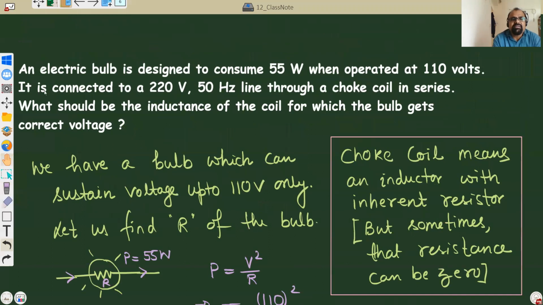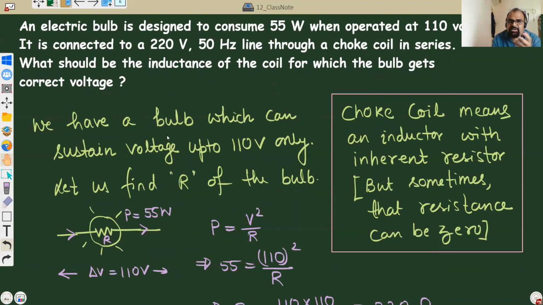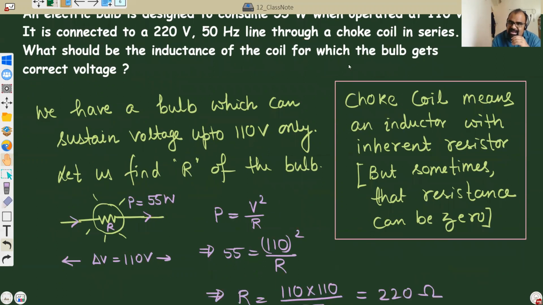Fine. Now what if this bulb is connected to a 220 volt? Well, it will get fused because it was only to be used up till 110 volt. You can't use it for 220 volt. So it will get fused. But in order to save it from getting fused, we connect an inductor. Choke coil means inductor. And here we will take the resistance of that inductor to be 0.